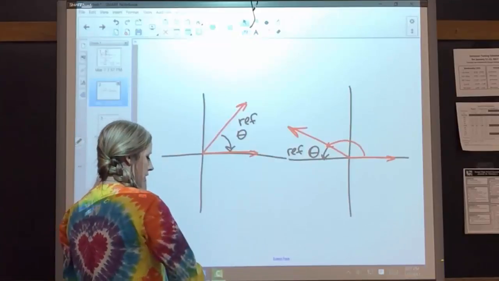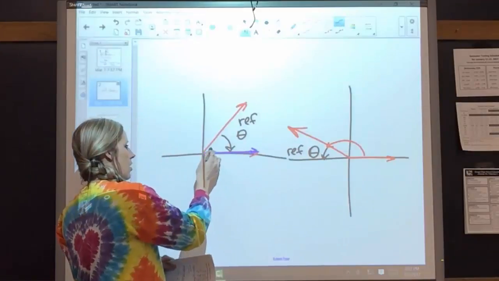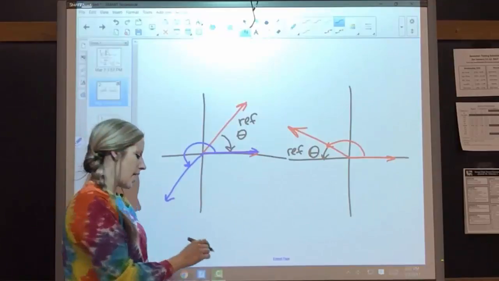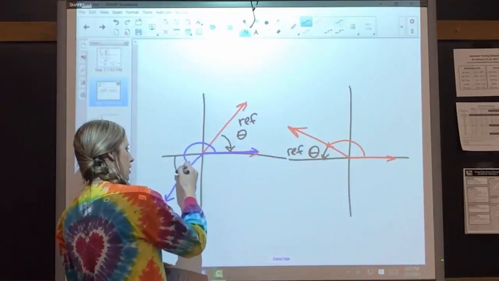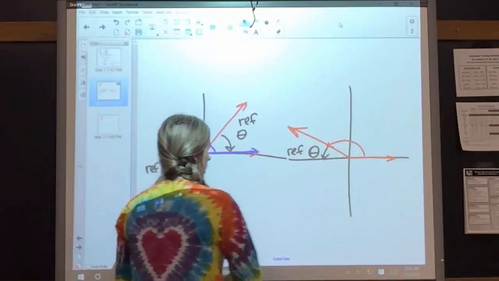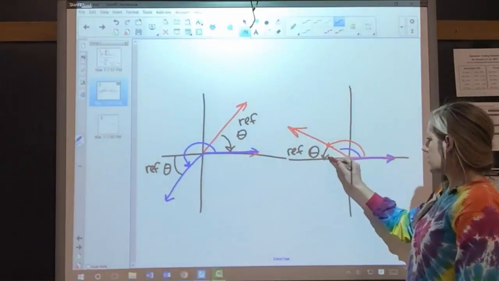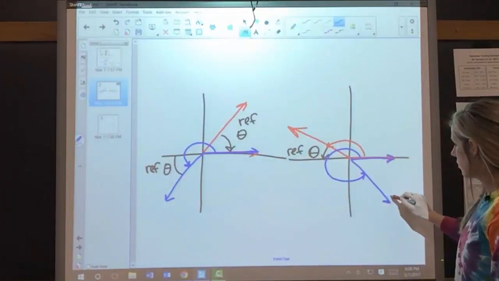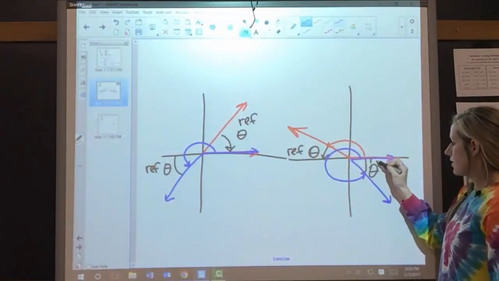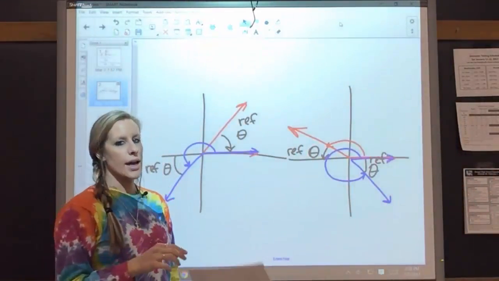And then quadrant 3, we start here and go all the way to quadrant 3, anywhere in quadrant 3, the closest x-axis would be the negative one. That would be your reference angle. In quadrant 4, the closest x-axis for quadrant 4 would be the positive one. So that would be your reference angle. So it's just going to tell you how close it is to that x-axis.